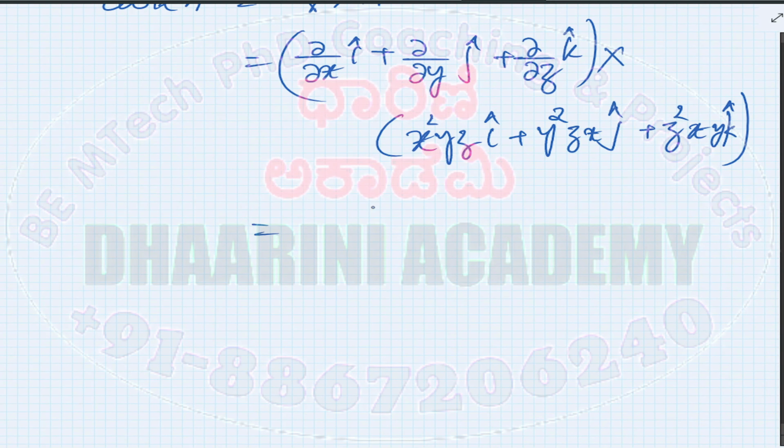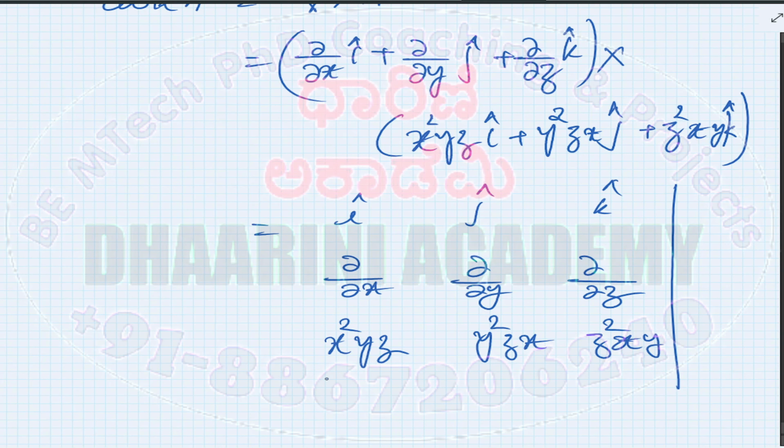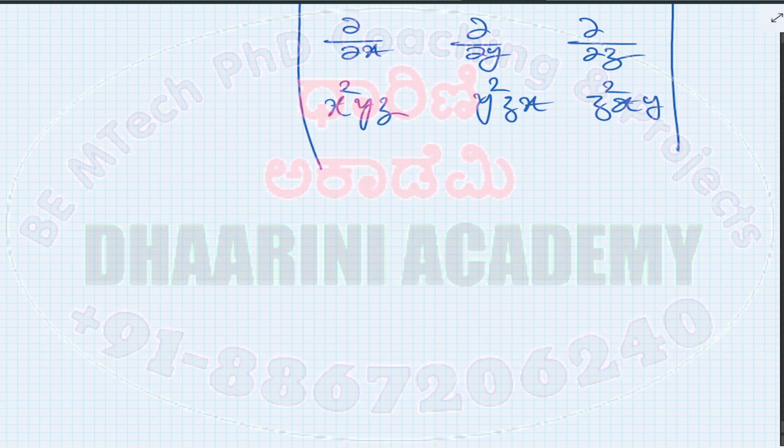Though we write this in that fashion, in order to simplify we use a determinant: I j k, then ∂/∂x ∂/∂y ∂/∂z, and then the terms of vector A: x square yz, y square zx, z square xy. I am supposed to simplify this determinant now.